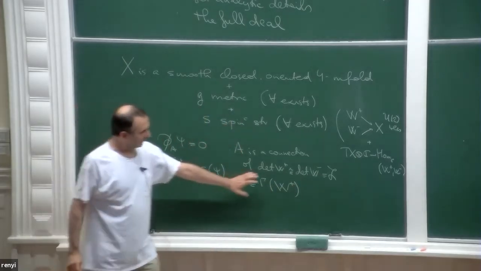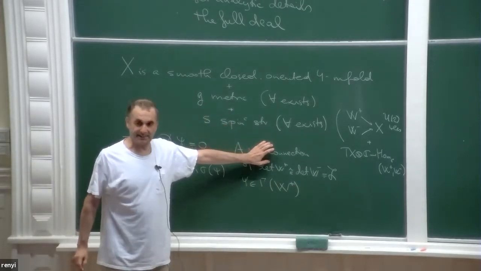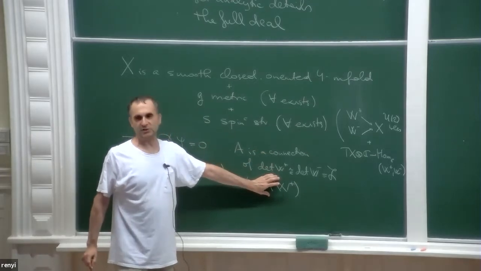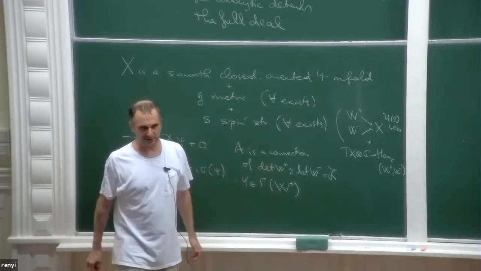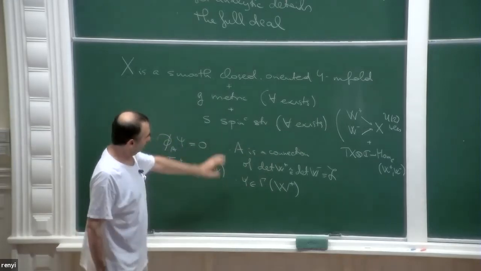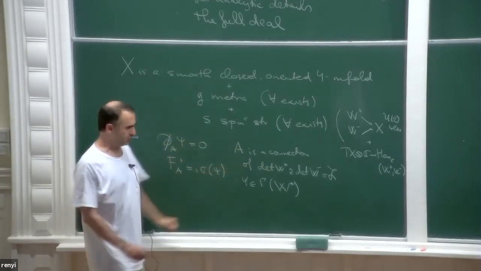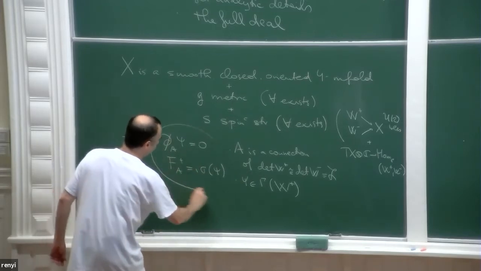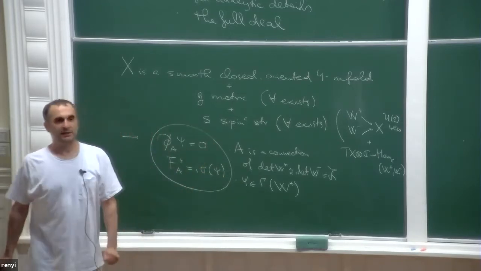So these are 2 infinite dimensional spaces. The smooth sections of a bundle is typically an infinite dimensional space. The space of connections is also infinite dimensional, and we take 2 objects from those, and we consider the solution space of this differential equation.